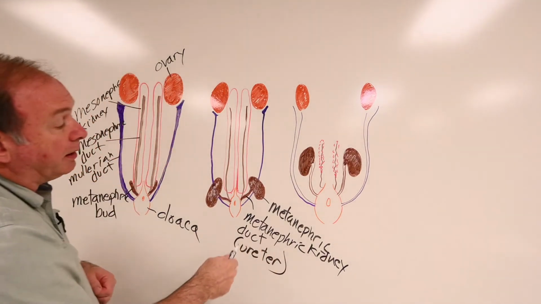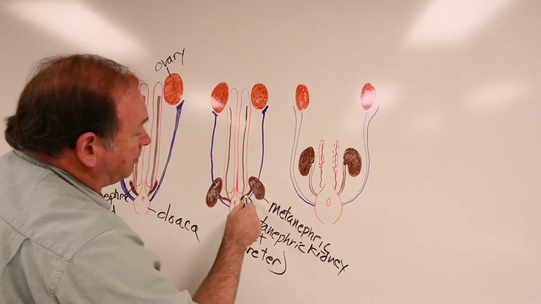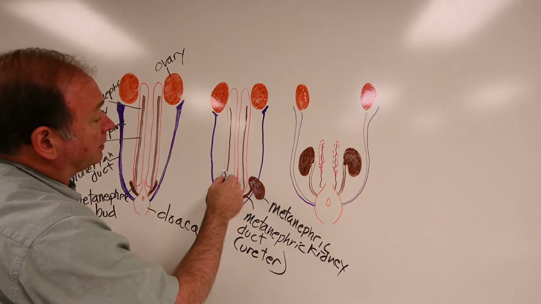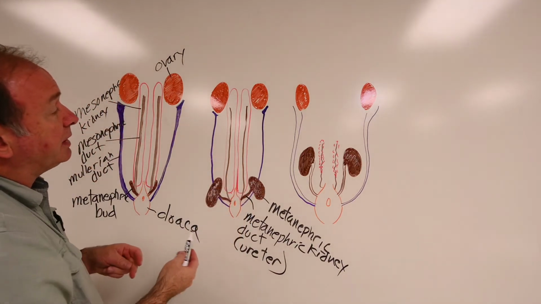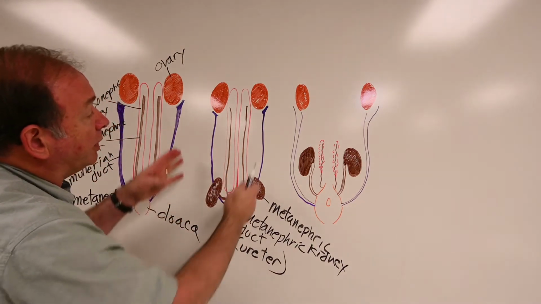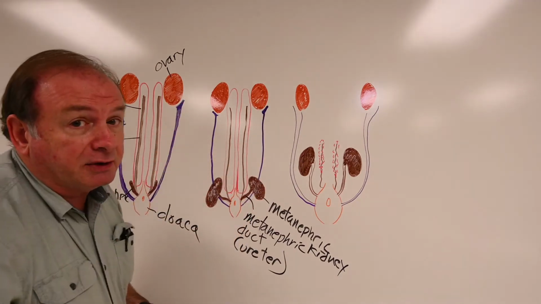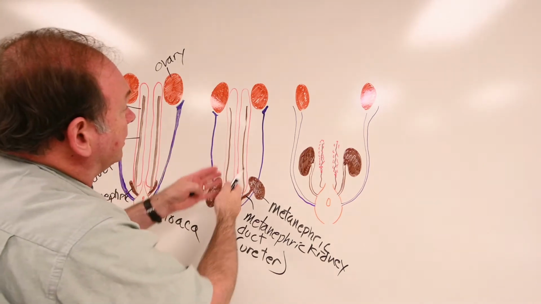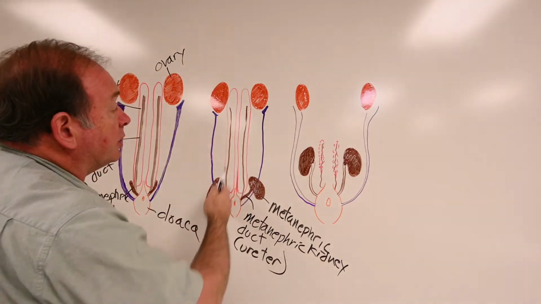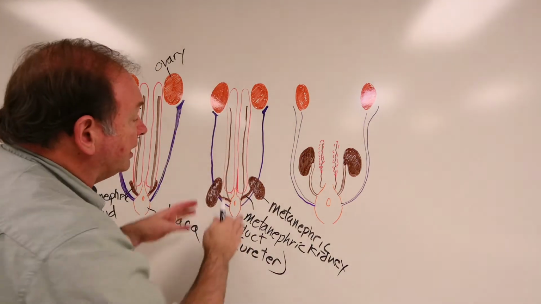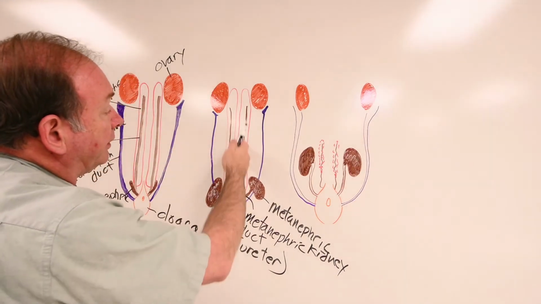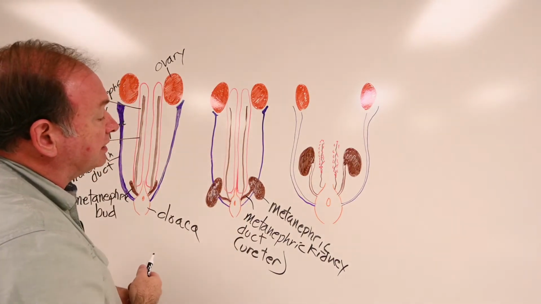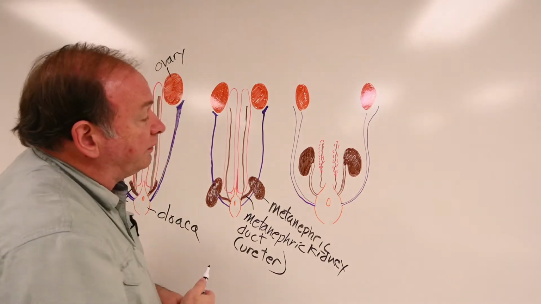Metanephric kidney, metanephric bud. Everything else is pretty much the same. Since this is female, we're going to use these Mullerian ducts as oviducts and uterus components eventually. And the mesonephric kidney is no longer going to be of any use to us. It's going to disappear, and these tiny mesonephric ducts that are in here are going to fade away.